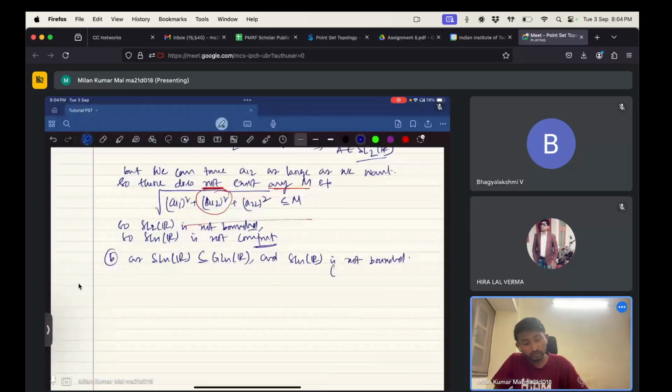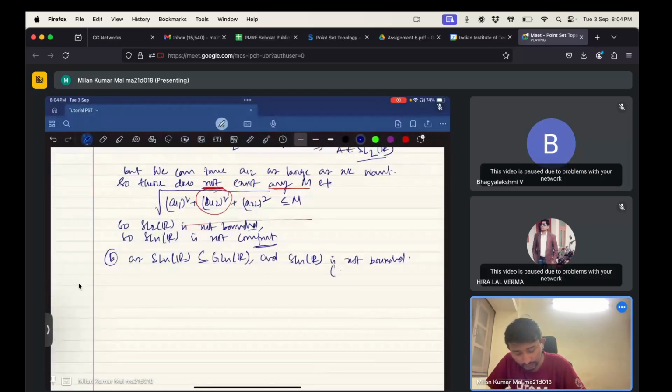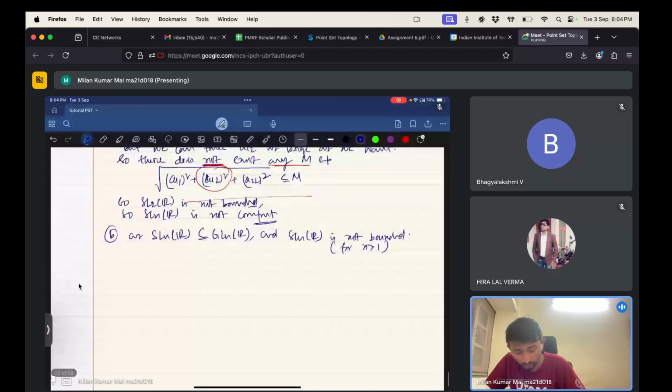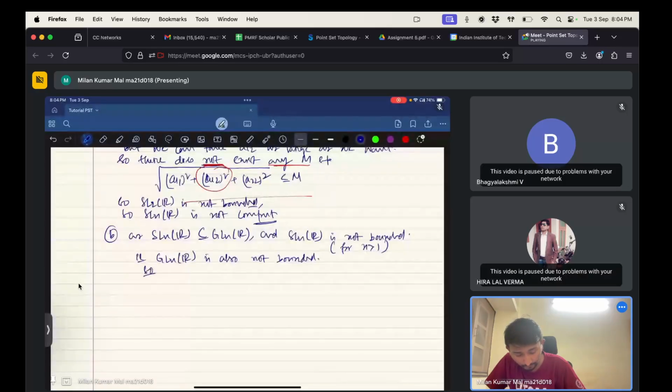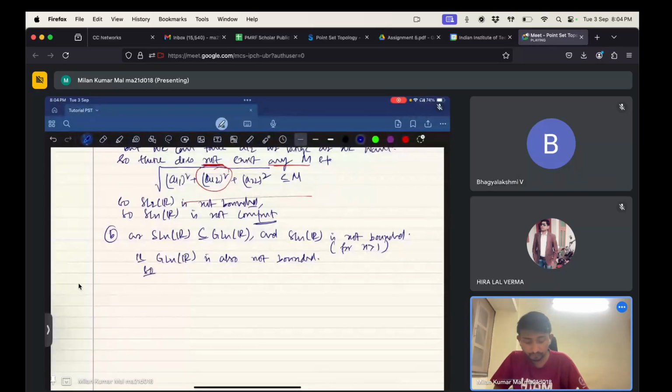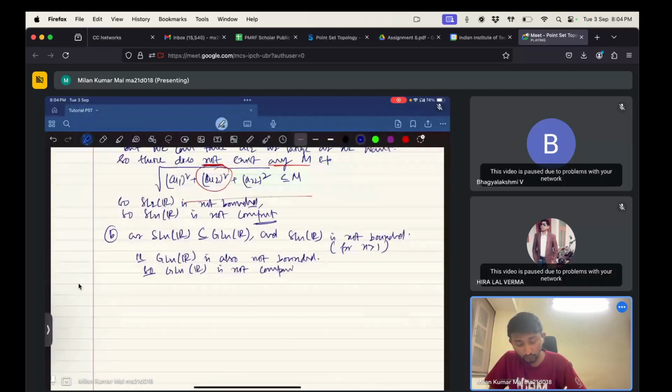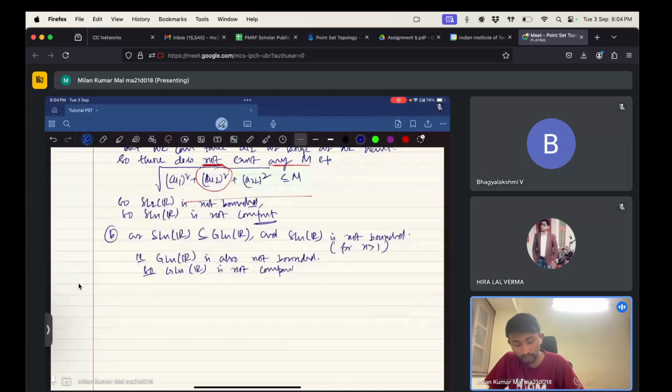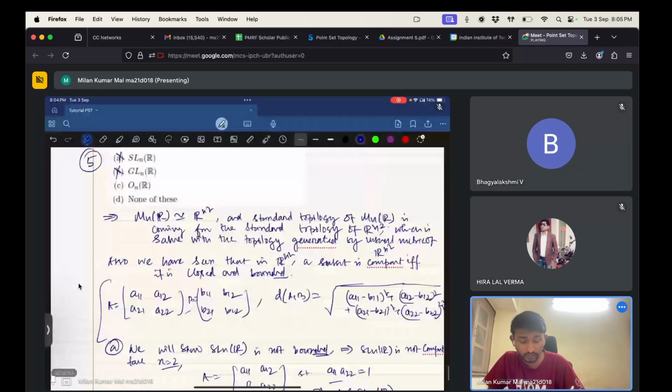So SLnR is not bounded, which means GLnR is also not bounded, so GLnR is not compact. Now option C; obviously option D is then false automatically. Option C I will write as true.